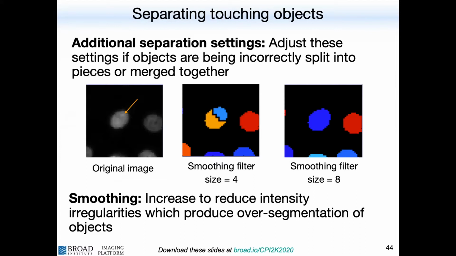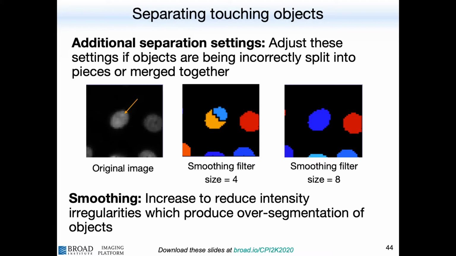Sometimes it happens that when we go through the first round of testing the Identify Primary Objects module, we see that the segmentation of the objects is split incorrectly, or they are merged together incorrectly. So there are two more separation settings that you could check. The first is how much smoothing we apply to the image before breaking it into pieces.